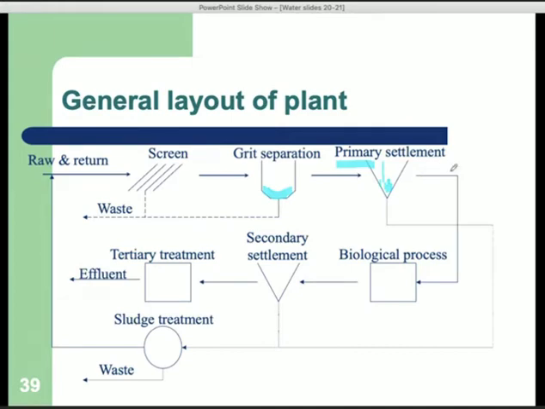So after that, you get water overflowing the primary treatment that now has no particles anymore that you could see with the naked eye. But again, there would still be particles that are dissolved, sugar, and there would also be particles that are just so small, like fine dust, that they don't really fall.